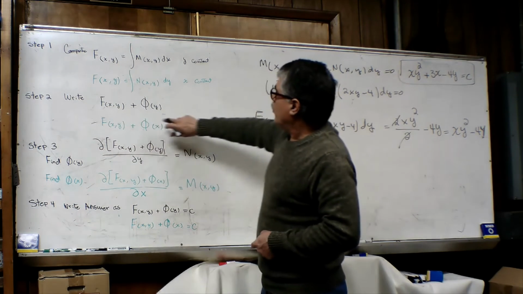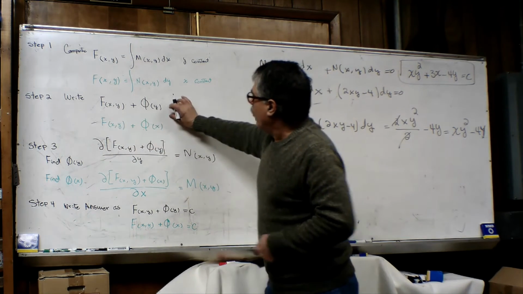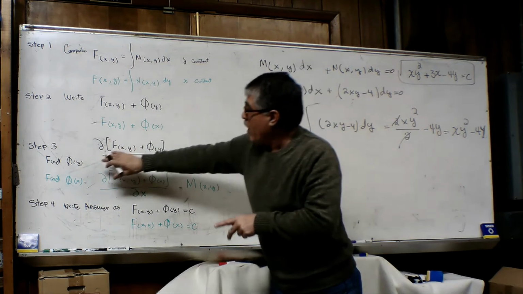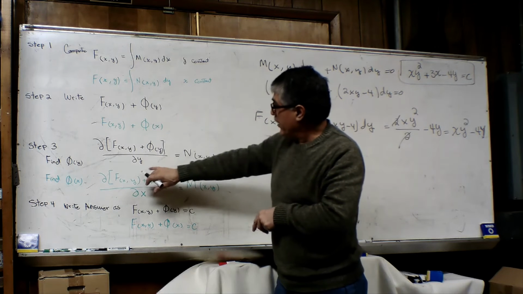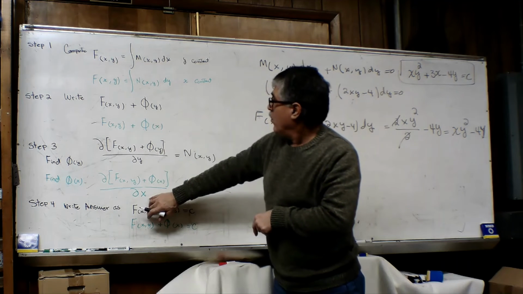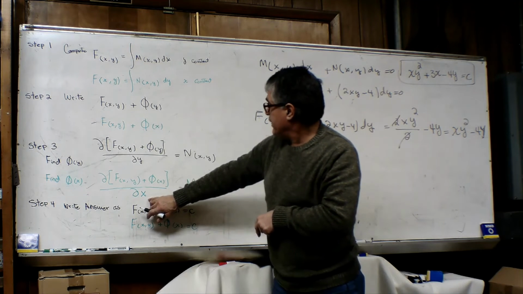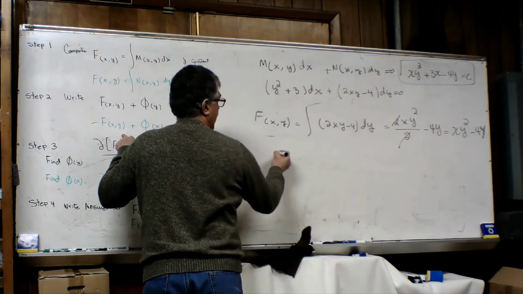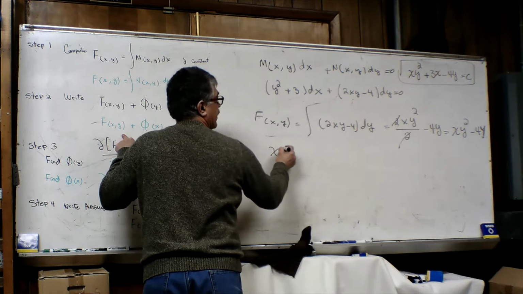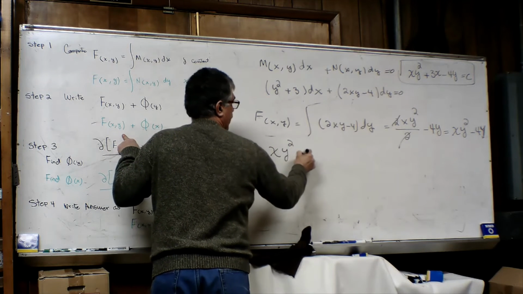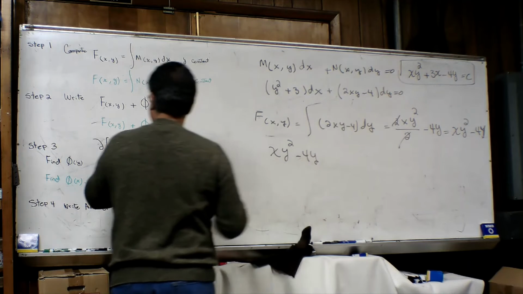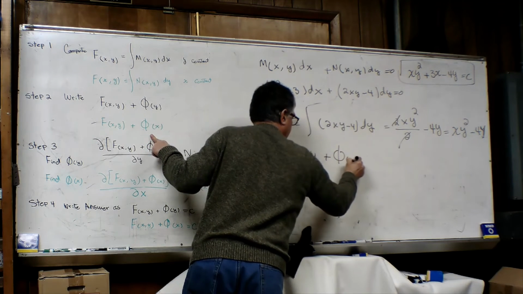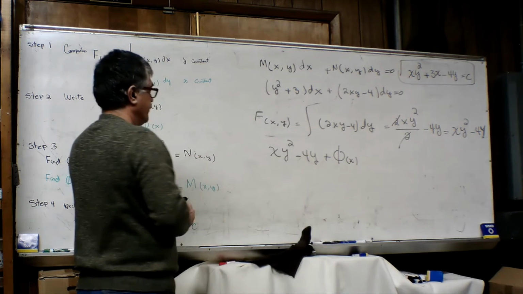Step number 2, write it in this form: xy squared minus 4y plus phi as a function of x.